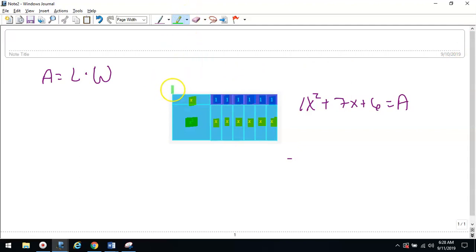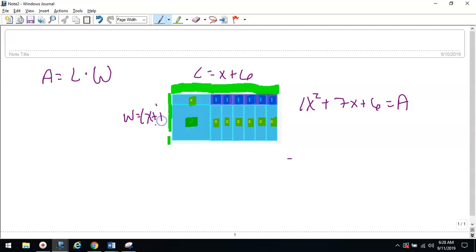Let's do that with green. So from here to here is x, and then from here to here is 6 1's. So the length is equal to x plus those 6 1's. And the width is equal to, we have 1 here, and then we have x. So the width is equal to x plus 1.